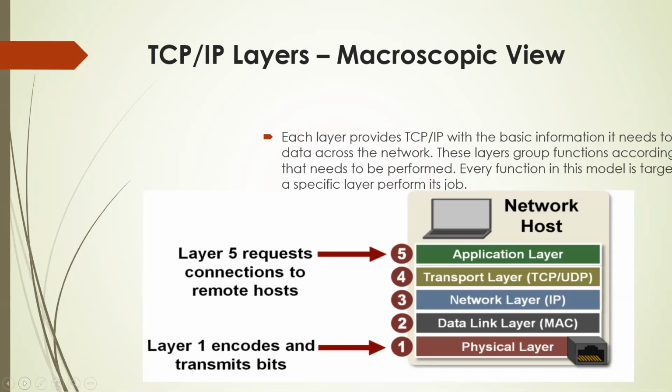Layer 1 encodes and transmits bits. Layer 5 requests a connection to a remote host. Macroscopic means broadly. This is the view from layer 1 to layer 5. What are the things that are present and that it controls?